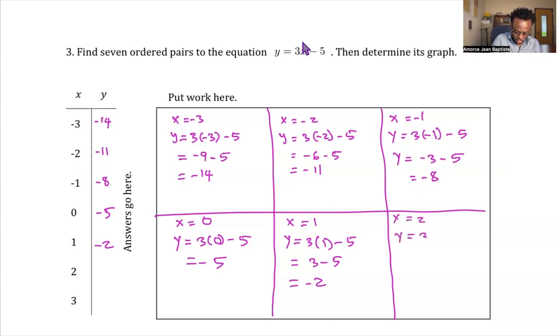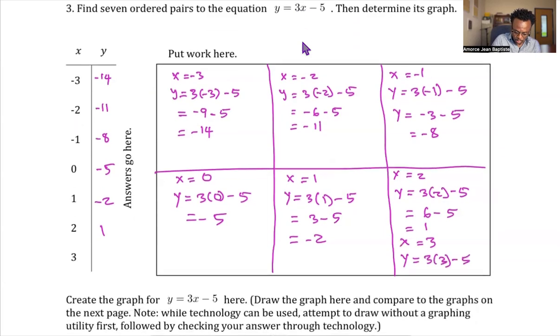Y equals 3 times 2 minus 5. So that's 6 minus 5 equals 1. And then x equals 3. That's y equals 3 times 3 minus 5. So that is 9 minus 5 equals 4.